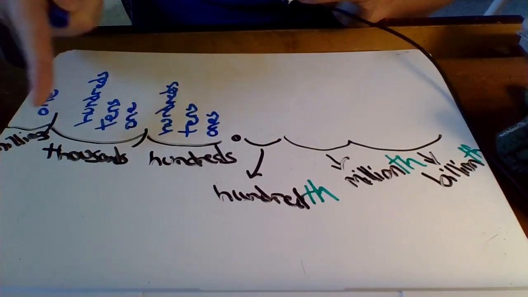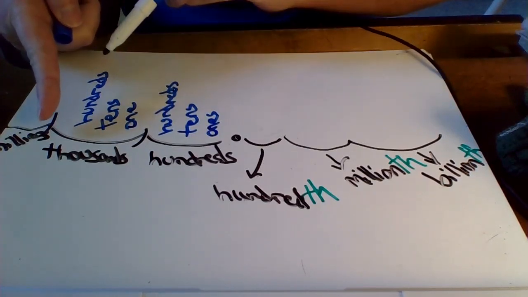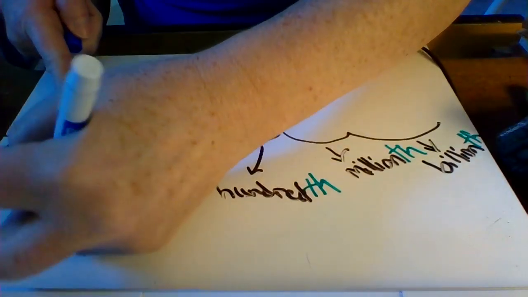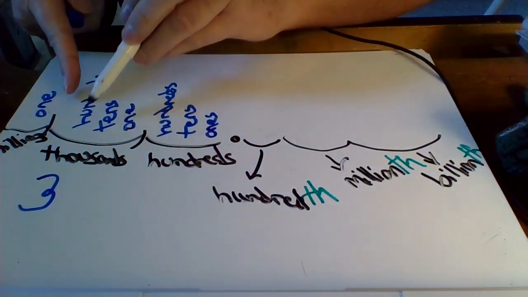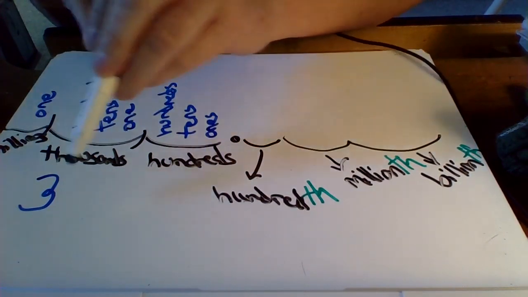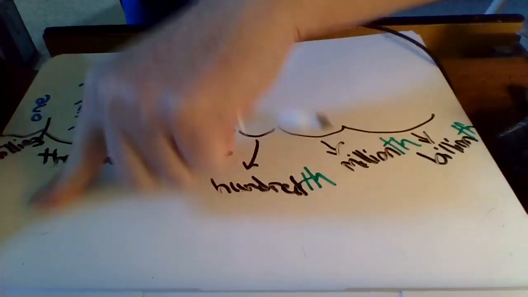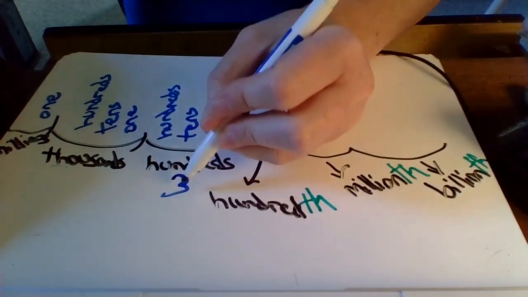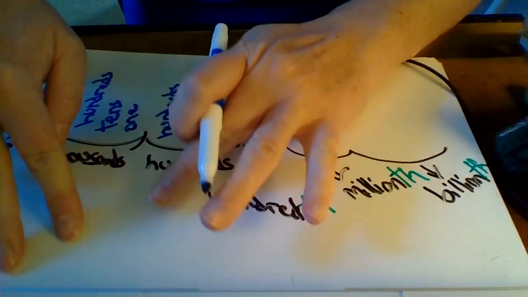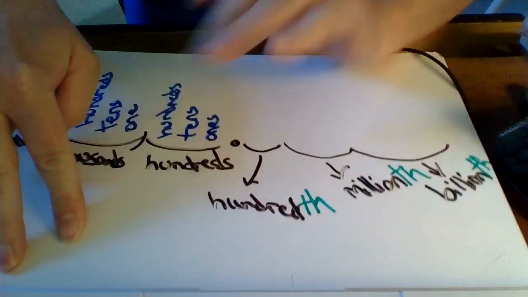So a number that starts here, we would say, if this was a 3, 300 thousands, if it was in this place. If we move the 3 way down to here, it's 3 tens, which we would call 30 in English, right?